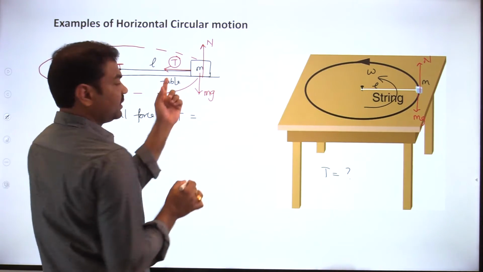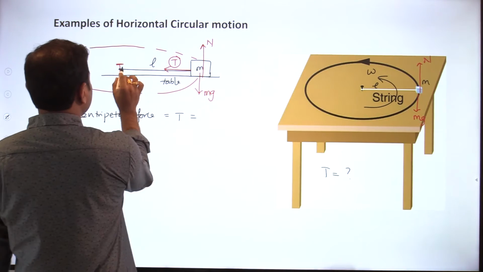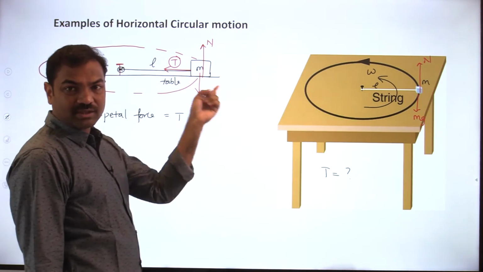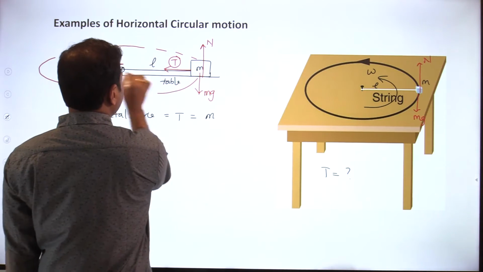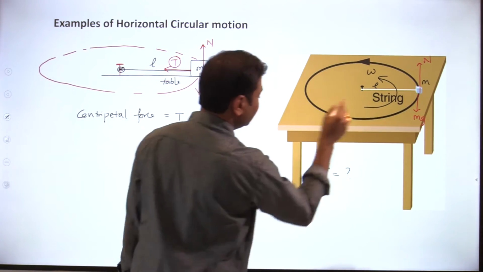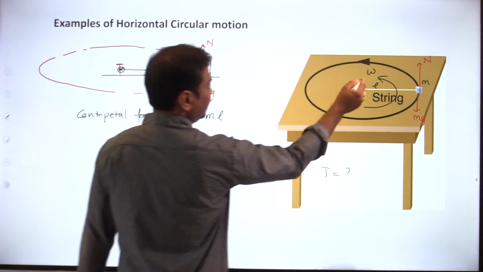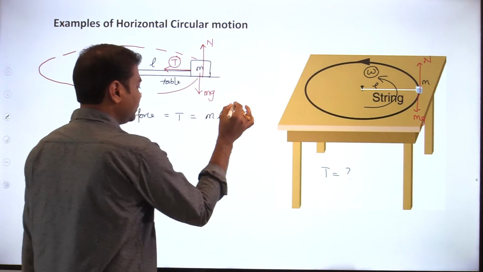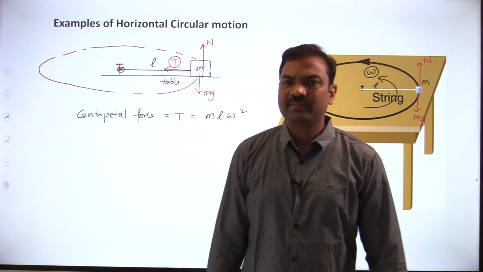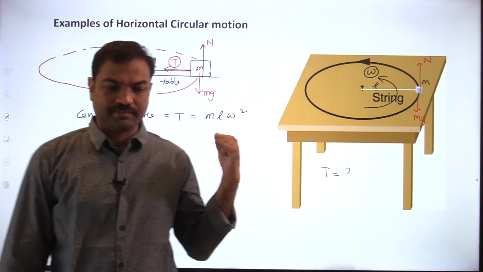T only. T is the only force acting towards the center, because this is the center. So centripetal force is equal to m into radius. What is the radius? Obviously the length of the string L, and the angular velocity is omega. So T equals m L omega square, or else you can write m v square by L also. L is the radius here.